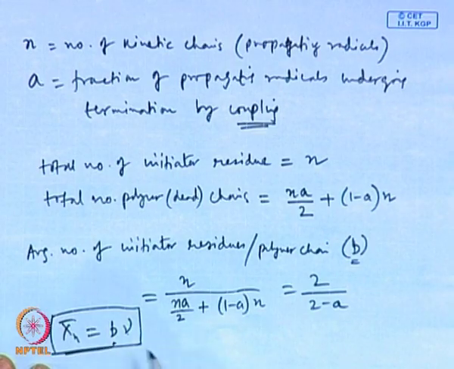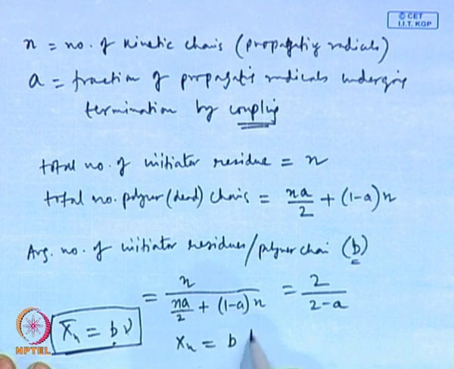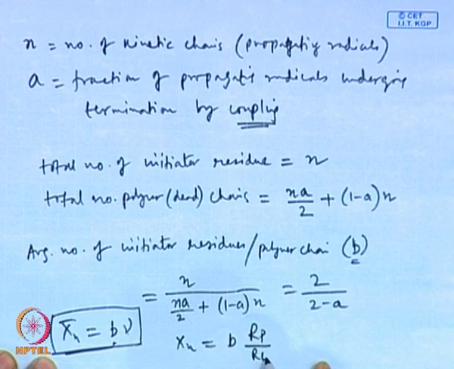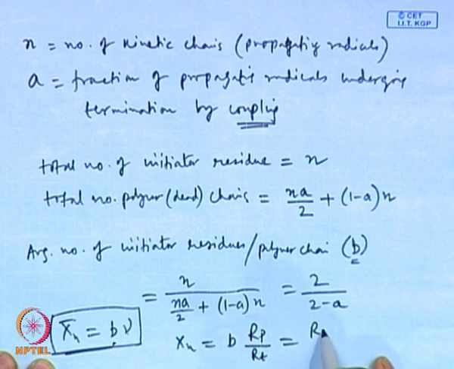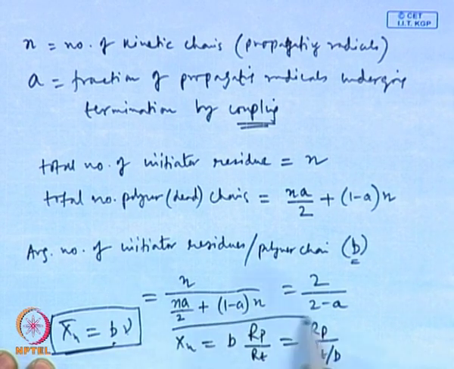Okay. So, if we got this, we can write V R P by R T, or R P by R T by V. Okay.